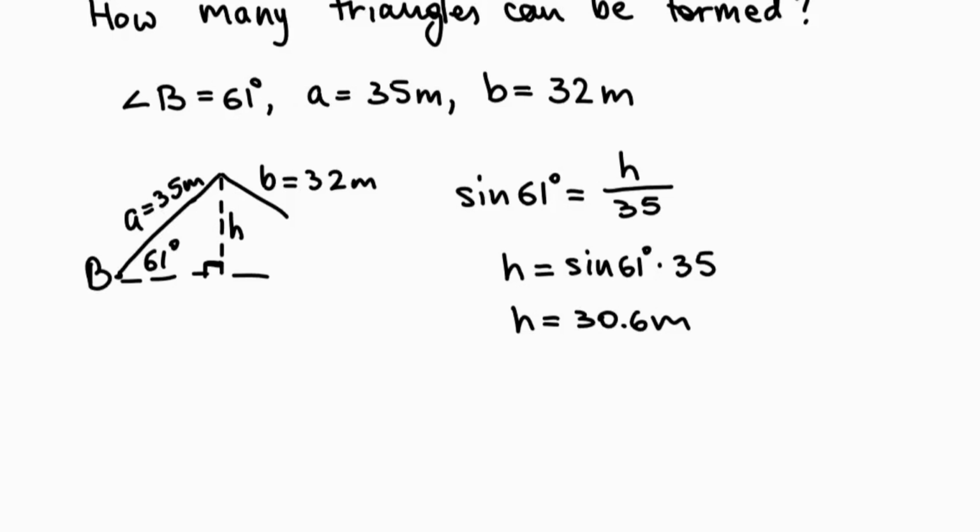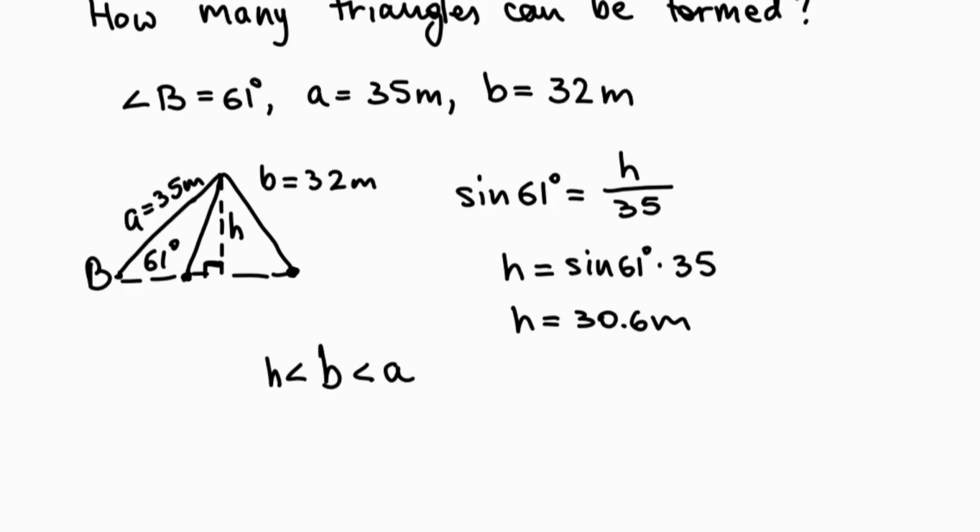So here we can see that side B is shorter than A, but longer than H. So B is greater than H, but less than A. Therefore, there is a possibility of two triangles here. So we could have a triangle that looks like this, and we could have a triangle that looks like that.